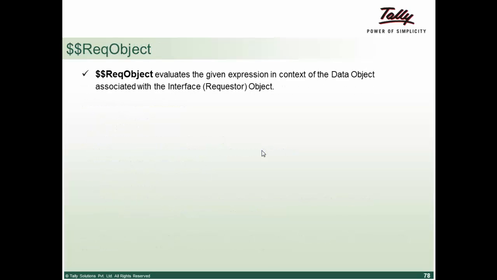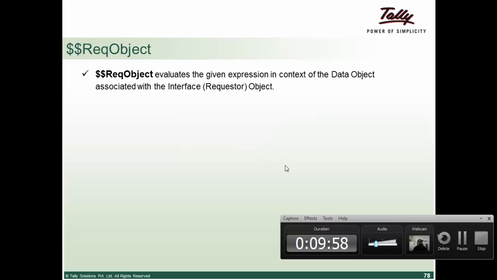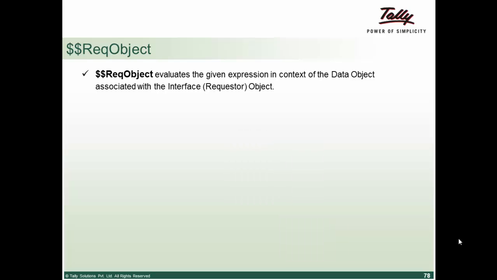Then we have a function called rec object. This function evaluates the given expression in the context of the data object associated with interface object. What happens is there is a value that you need to fetch, but based on the interface it is associated to.